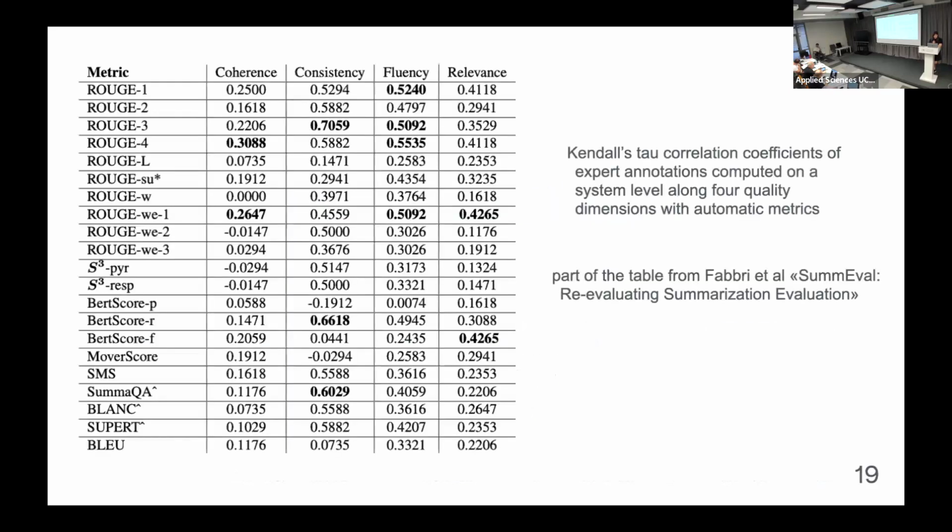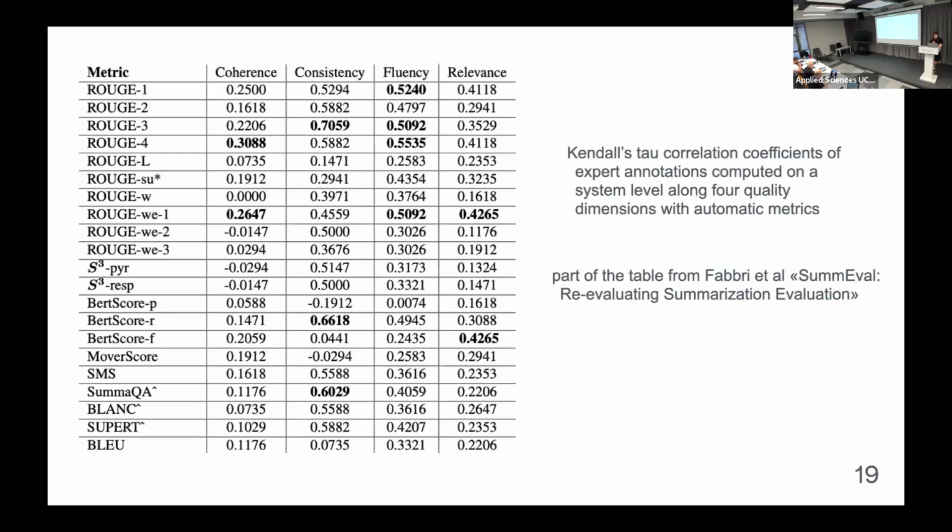And all of these metrics are not ideal. For example, this is an extract from one of the research papers which analyzed how well these metrics perform in relation to human evaluation of coherence, consistency, fluency, and relevance.